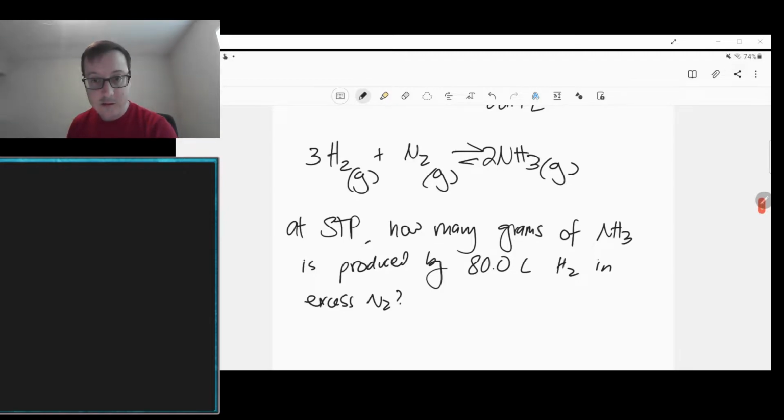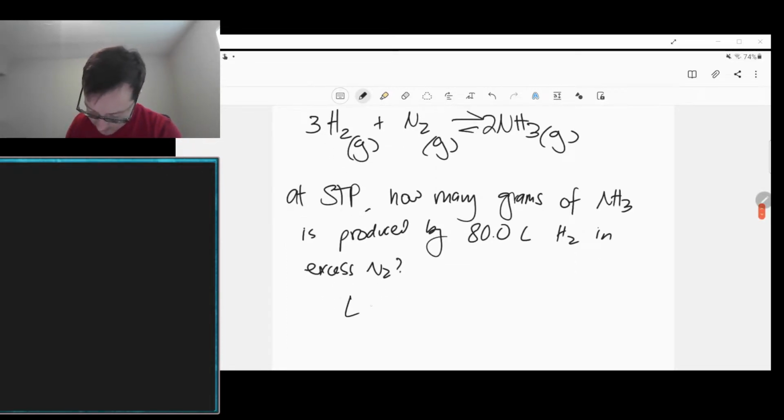Well, we can do this. And again, STP is going to make this easy for us. But if we didn't have it at STP, we'll take a look at this at different temperatures as well. So we have 80 liters of hydrogen turning into grams of ammonia. So we have our unit plan.